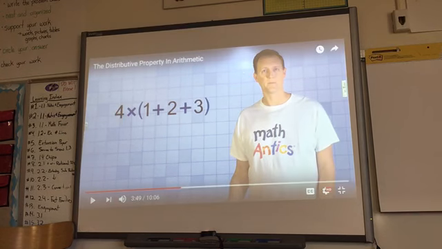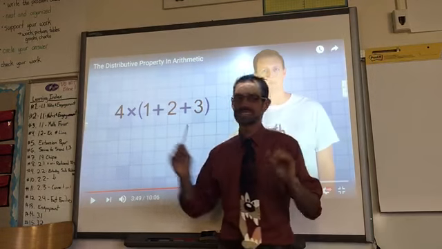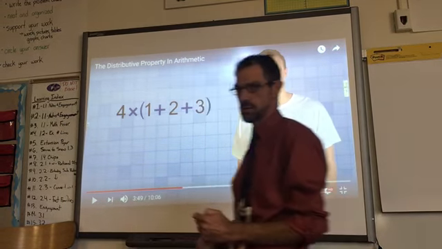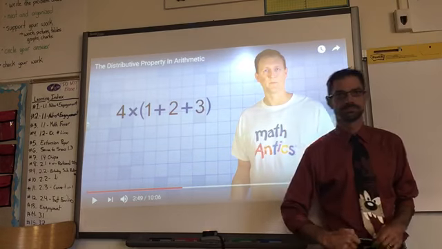Solve it both ways. Solve it first way, in the factored form order of operations, which is the easier way right now. Then solve it with the expanded form way, the distributive property way, the second way.